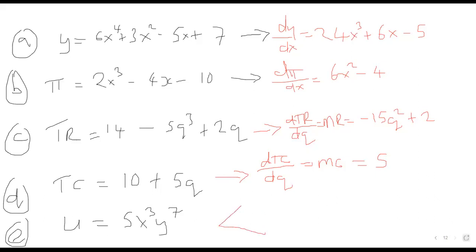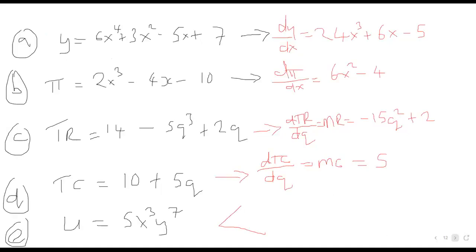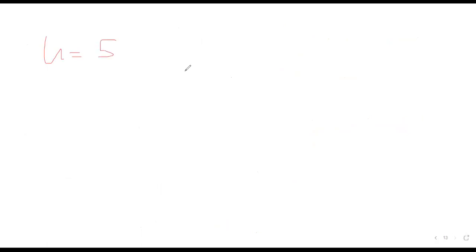The last pair. That's right. du over dx. So we have 5x^3 and y^7. So U stands for utility. So we're going to have du over dx, the first one. The next one would be du over dy.